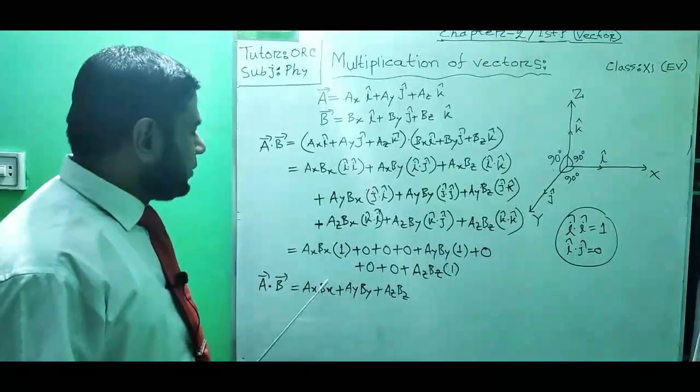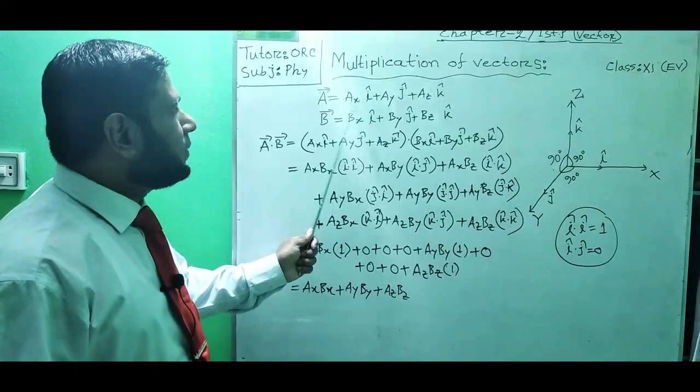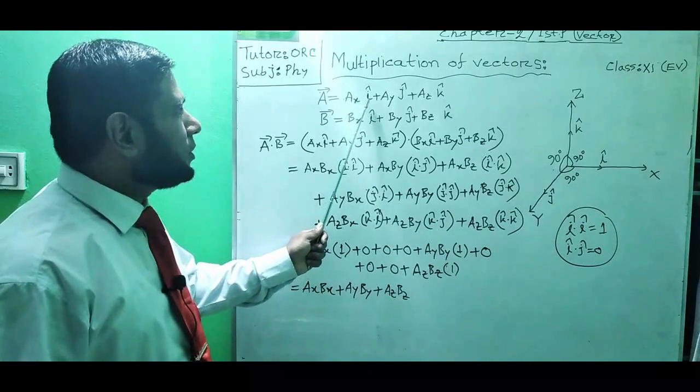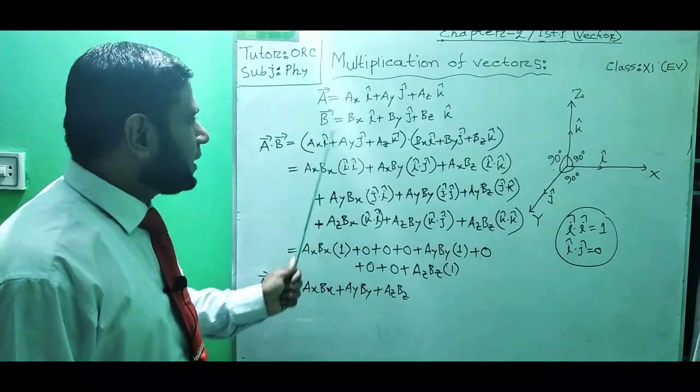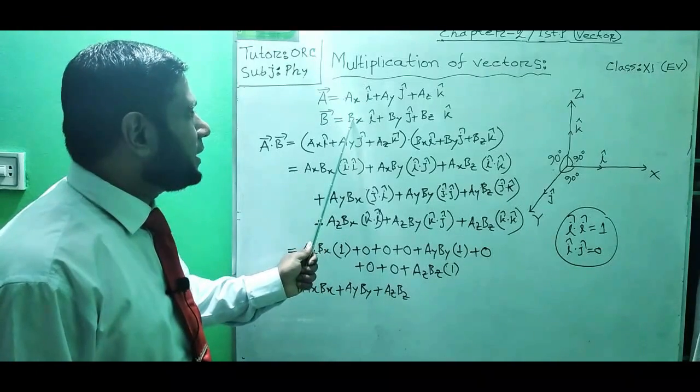a dot b equals the coefficient of i cap times the coefficient of i cap. In the first vector, the coefficient of i cap is ax. In the second vector, the coefficient of i cap is bx.